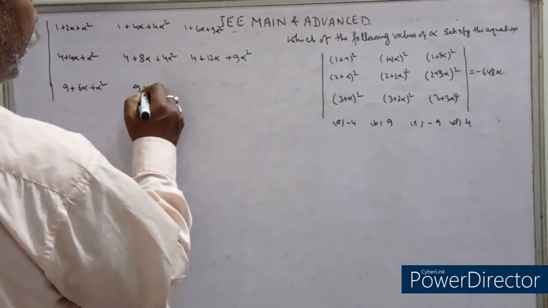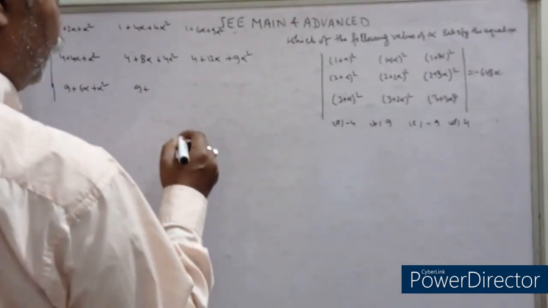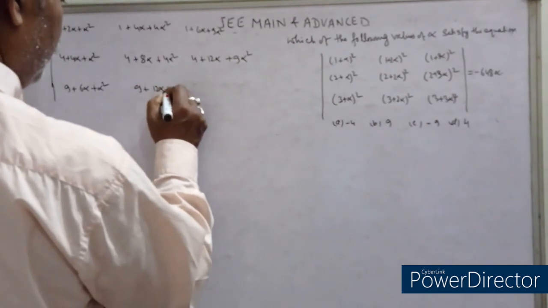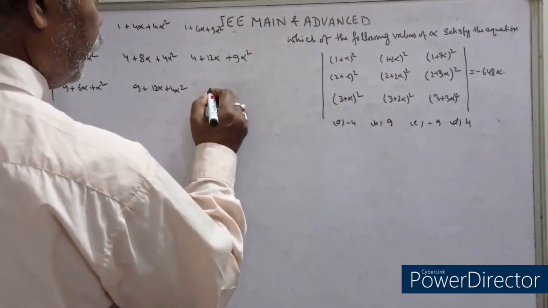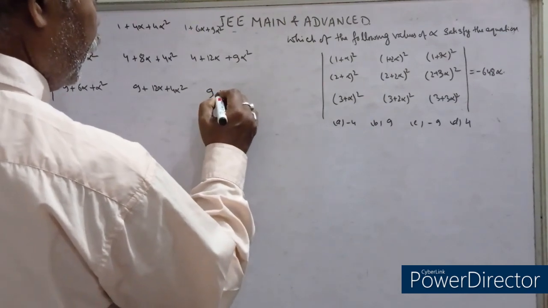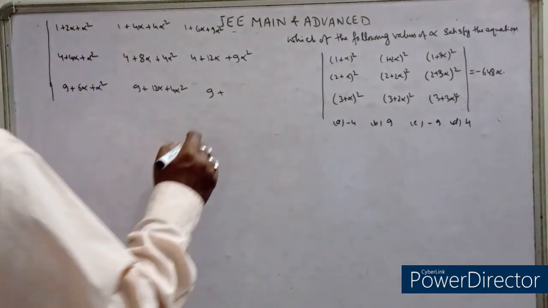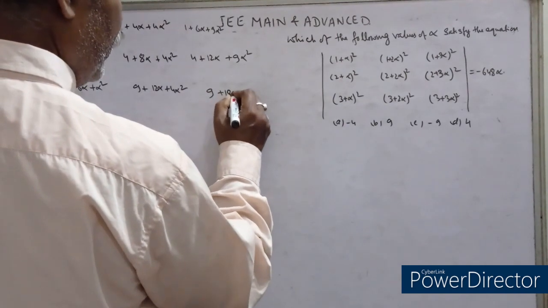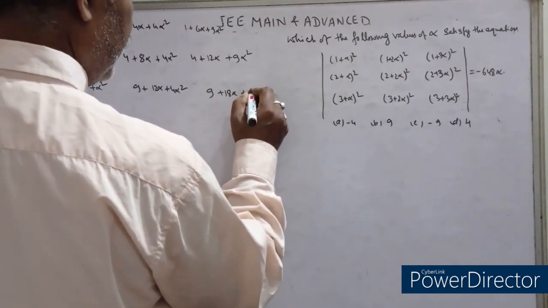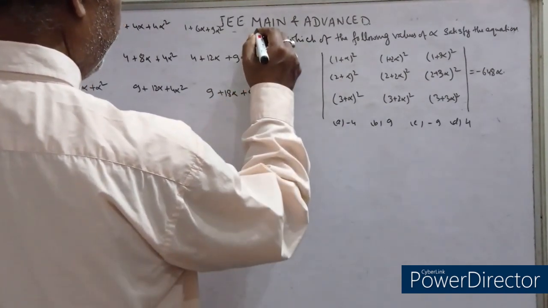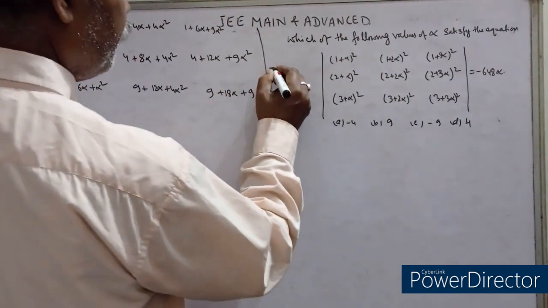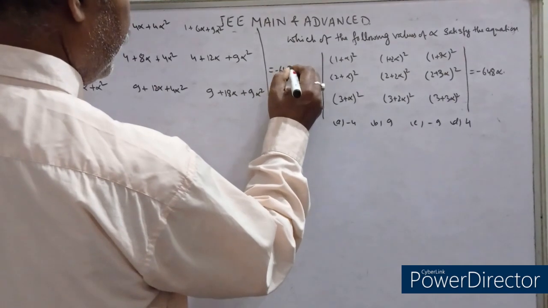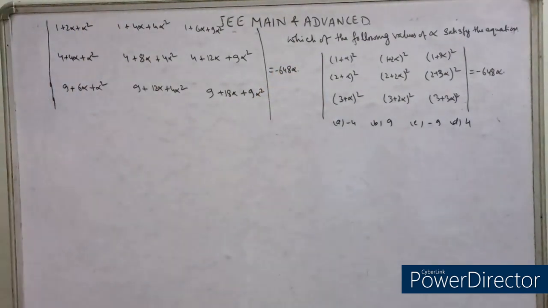This is 9 plus 12 alpha plus 4 alpha square, and this will be 9 plus 18 alpha plus 9 alpha square. So this is the expansion, and this is equal to minus 648 alpha.